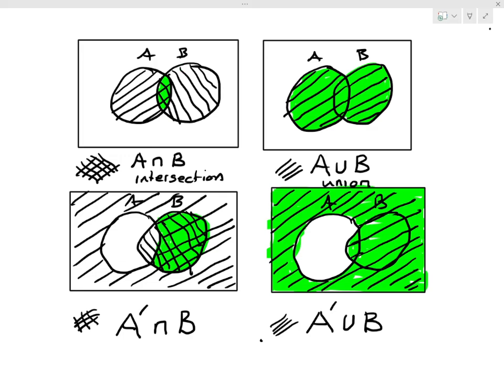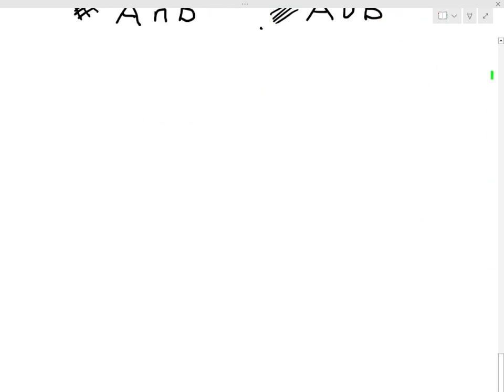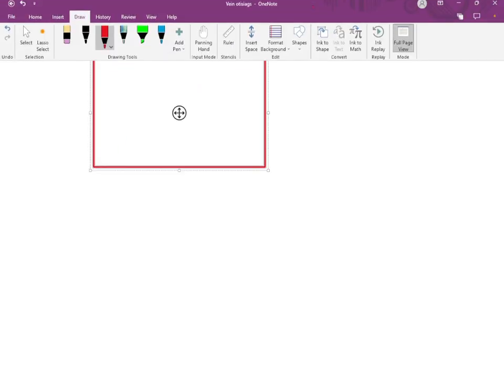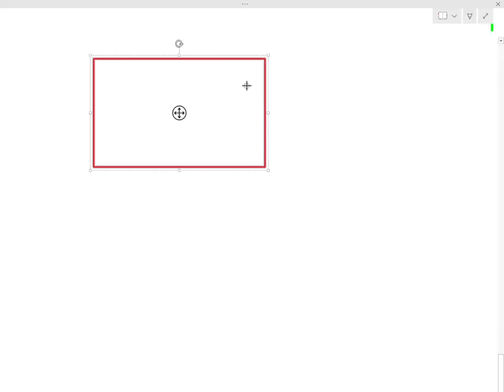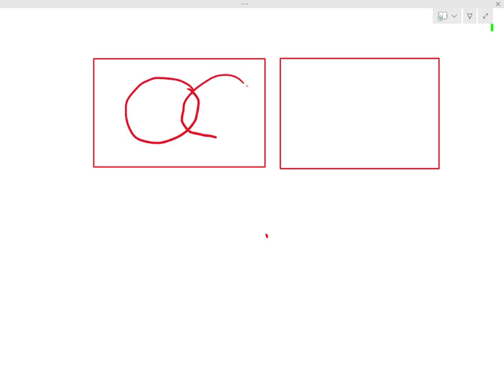Right, so we've got two more to do. Let's come back to a different colour and do the shape. Right, last two. So here's our Venn diagram.